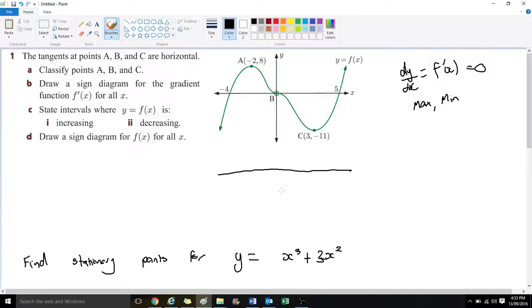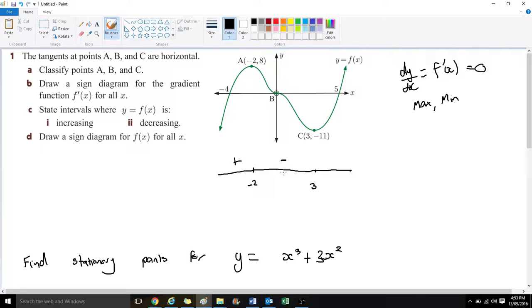We can see it's increasing for x less than -2, which means on the derivative graph this is positive. Then it's decreasing from -2 through to 3. That's all decreasing.